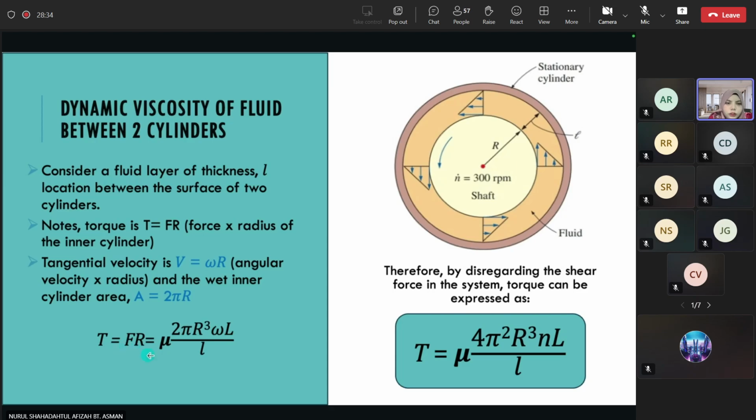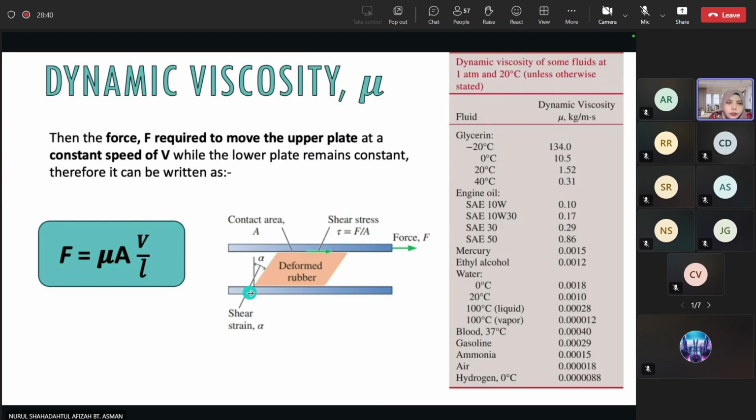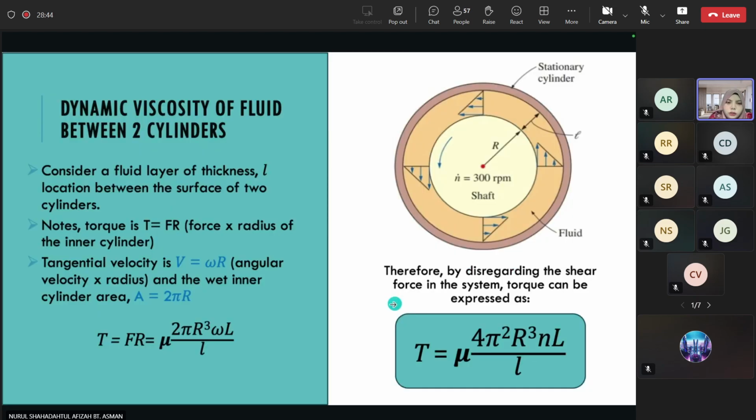For the force, we just substitute the value of F from the previous one, V over L. You just substitute V, angular velocity times radius, times 2 pi R.